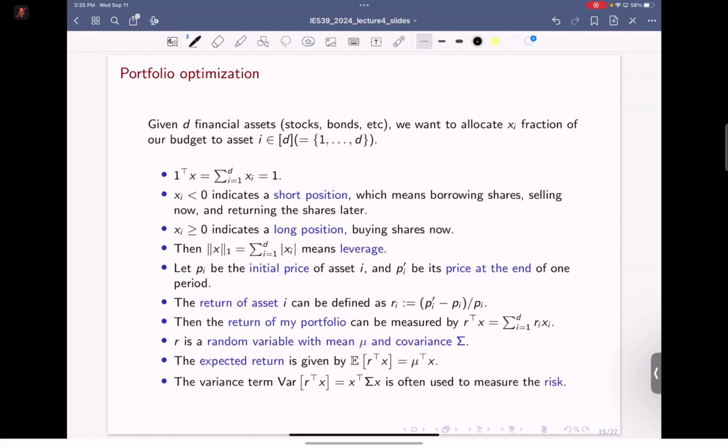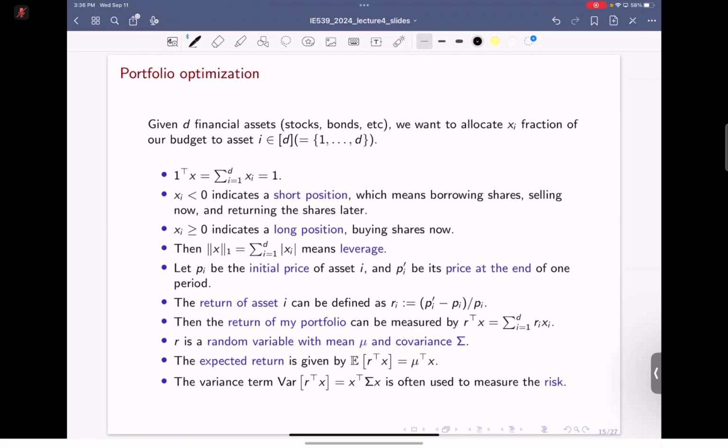So if you are familiar with financial planning, here the expected value of your return measures your profit or revenue. And we also need to care about the variance term, and we don't prefer a portfolio that has a high variance value.